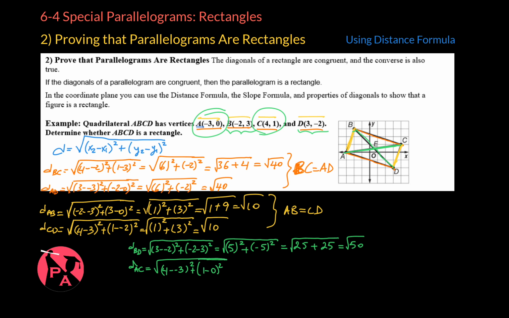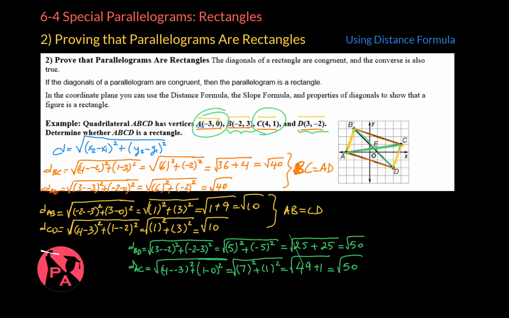Let's extend the square root. So the first pair of numbers, 4 plus 3 is 7. We are going to square this number. 1 minus 0 is 1. We are going to square that one. And we are going to take the square root of everything. 7 squared is 49. And 1 squared is 1. If we add these together, we get 50. And then we take the square root of that number.